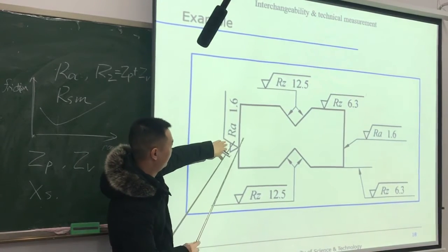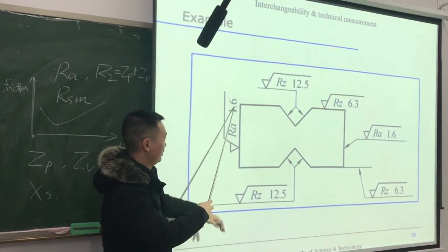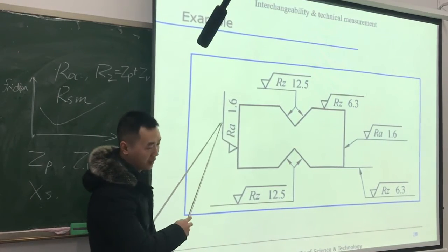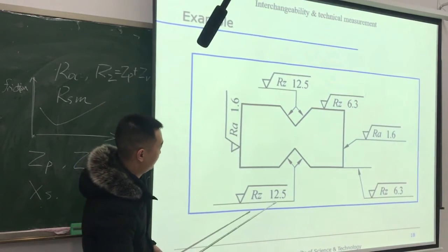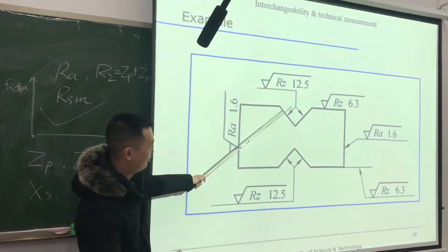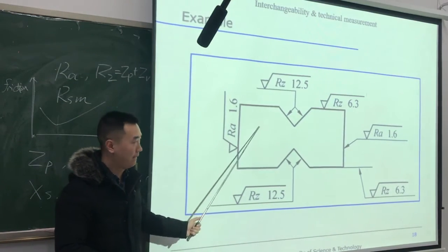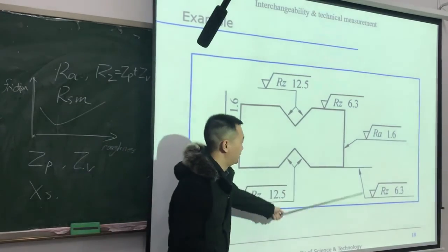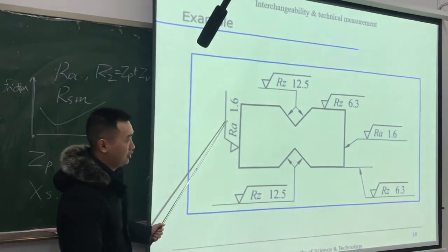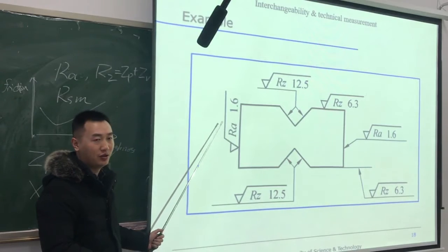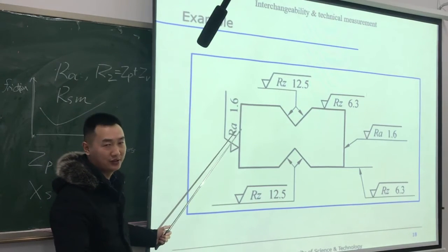So when you label vertically, it can be labeled like this. For this labeling, do you know what it means here? Here, all these examples have upper limits. They all have an upper limit for the roughness.